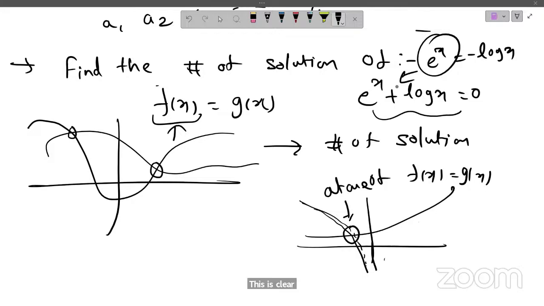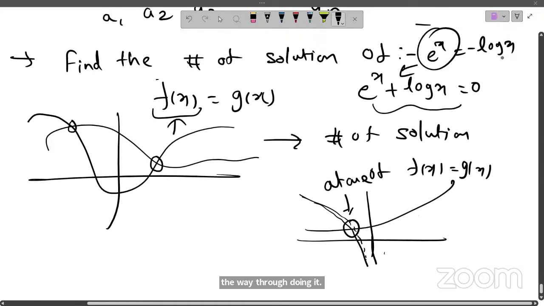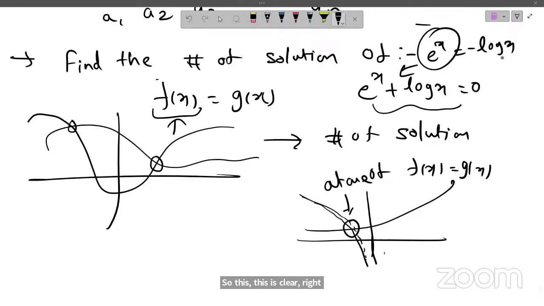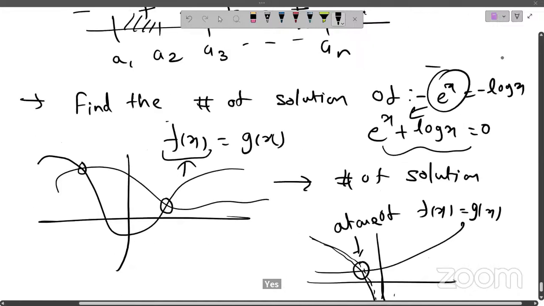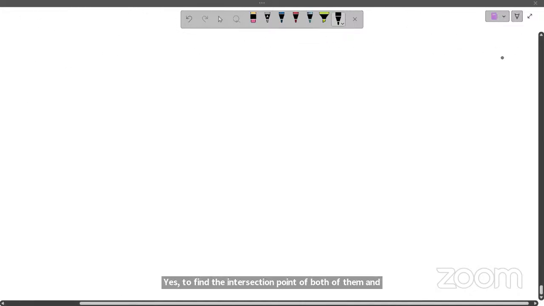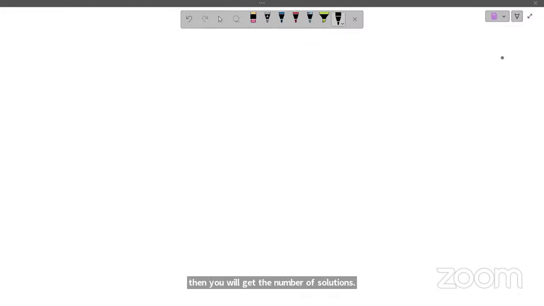It is not always easy to plot the graph of the left hand side in every expression, but this is one of the ways of doing it. That's why I'm saying. So this is clear, right? You find the intersection points of both of them, and then you get the number of solutions. It is not always easy, but in some cases, yes.